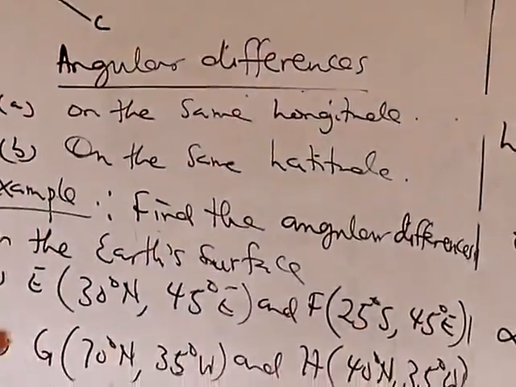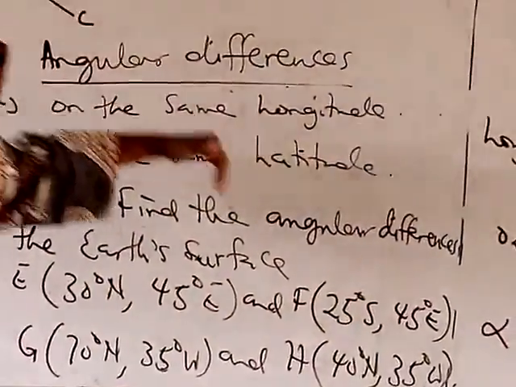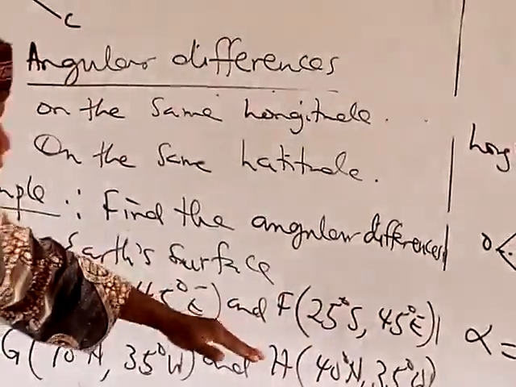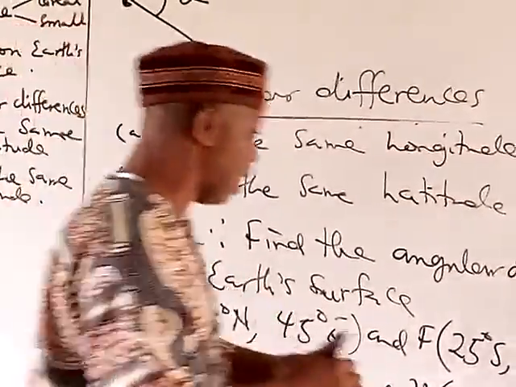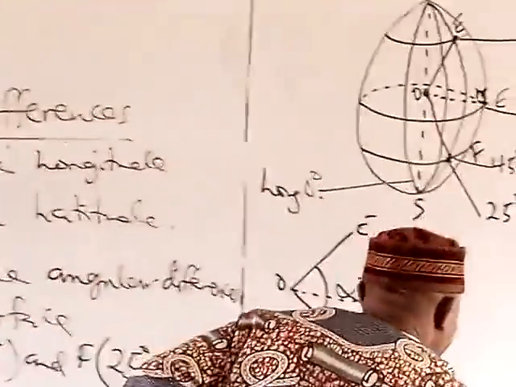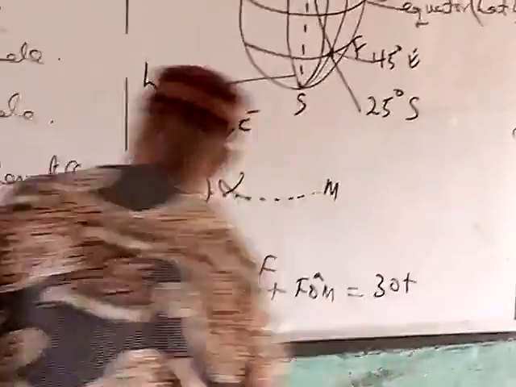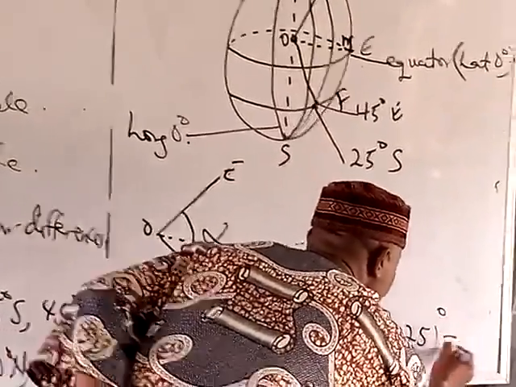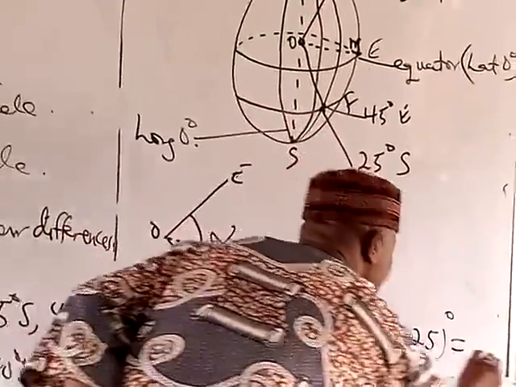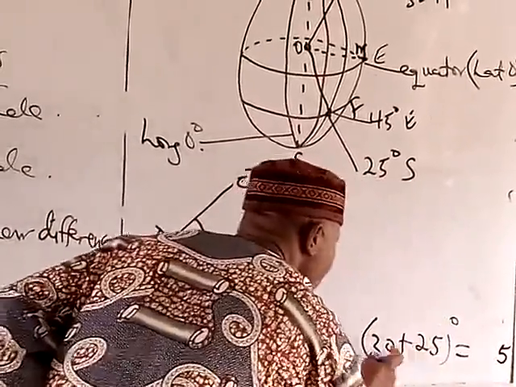What you need to do now, this is 30 degrees north and 25 degrees south. Then you will sum up the two angles together. So you have 30 plus 25 degrees. Then you have 5 plus 0, that's 5. And 2 plus 3, you have 5.